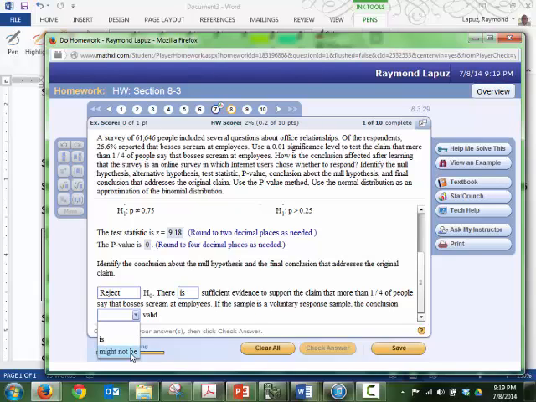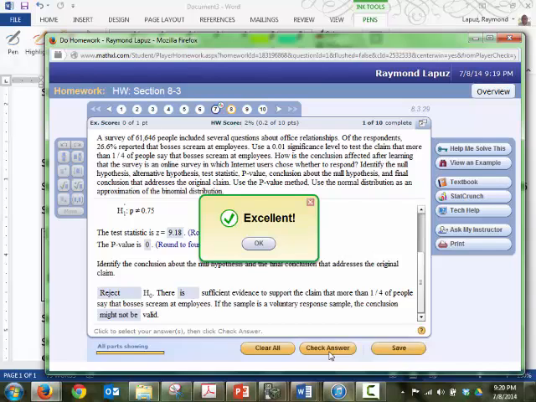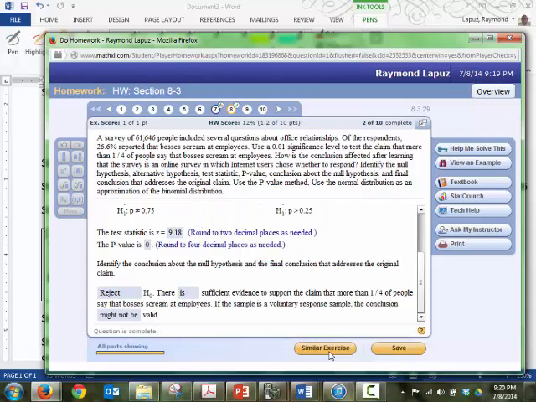A sample that's voluntary response means only the people who want to say something about their bosses are the ones that volunteer. If they're afraid to say anything about their bosses, they're not going to volunteer that information. So I would probably say that this is not valid. Okay? Is that cool?